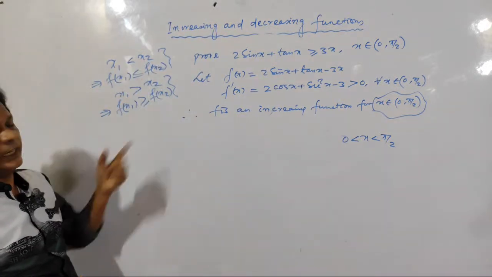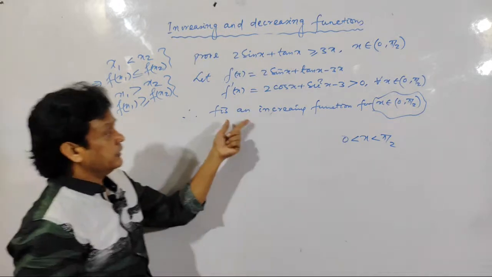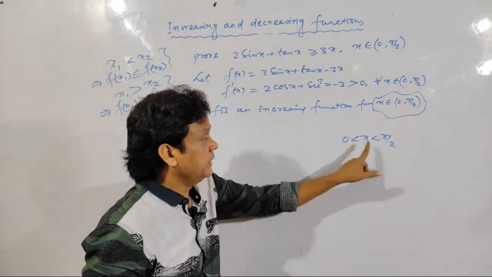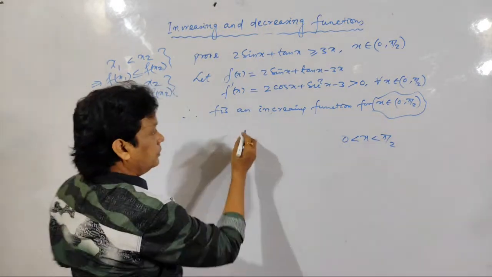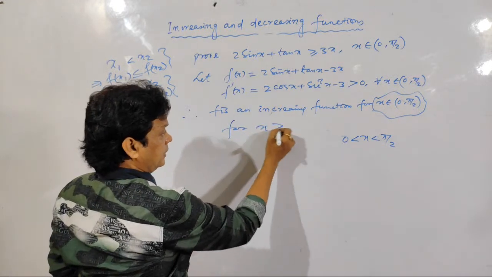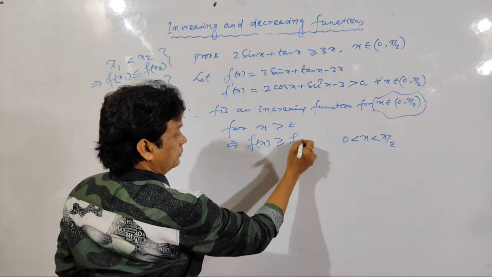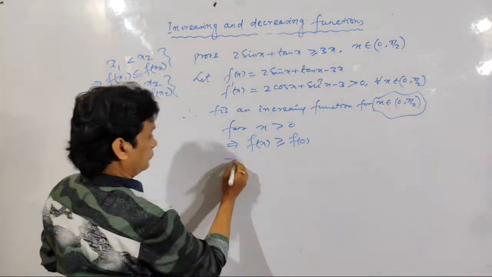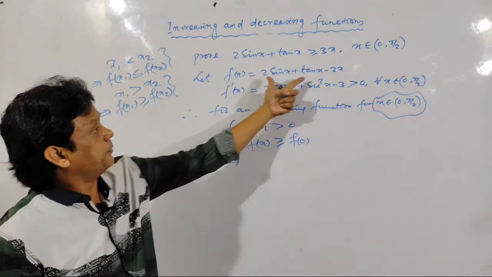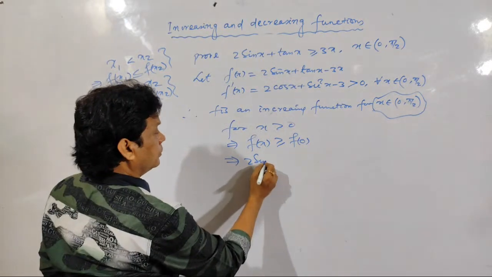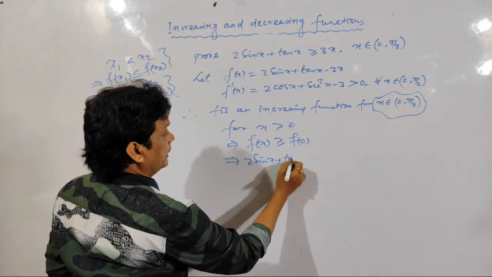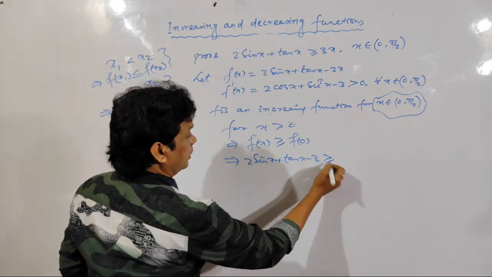The same sign will remain. Here, since the function is increasing in this interval, for x greater than 0, f of x is greater than or equal to f of 0. Clear? What is f of x? F of x is this one: 2 sin x plus tan x minus 3x is greater than or equal to f of 0.